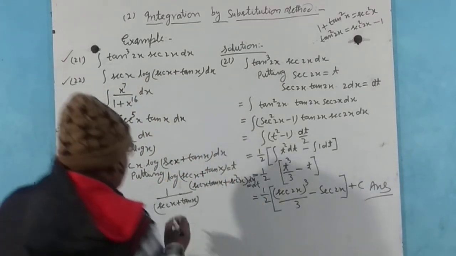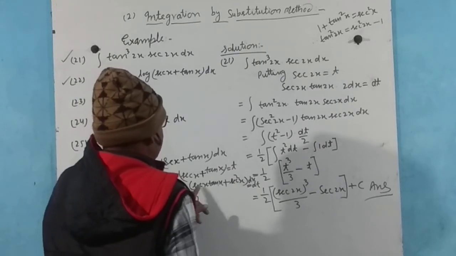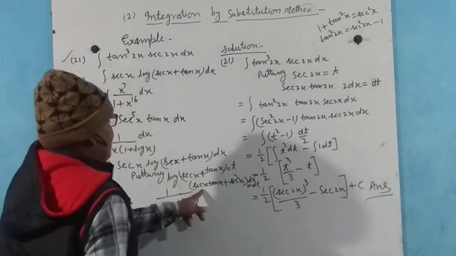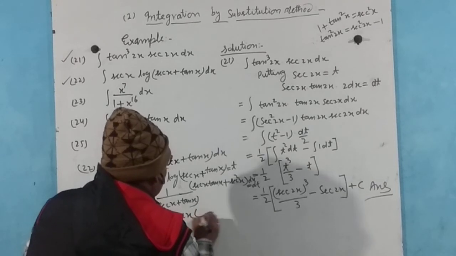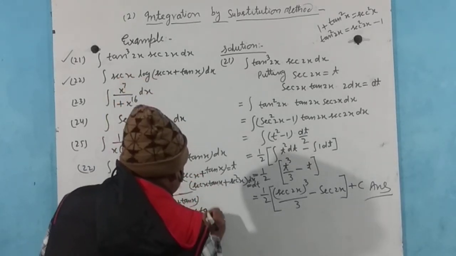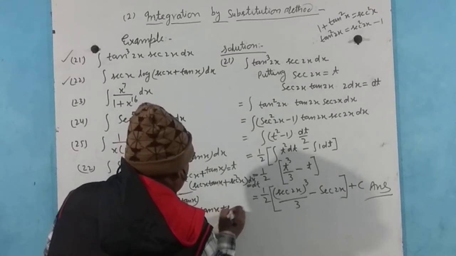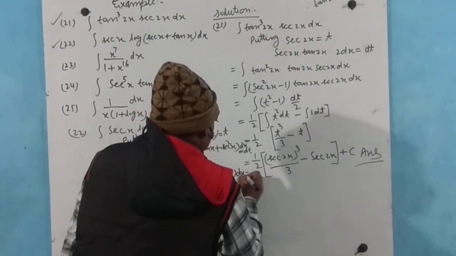Now in this case, we take the common sec x, so that sec x times tan x plus sec x, and dx equal to dt.